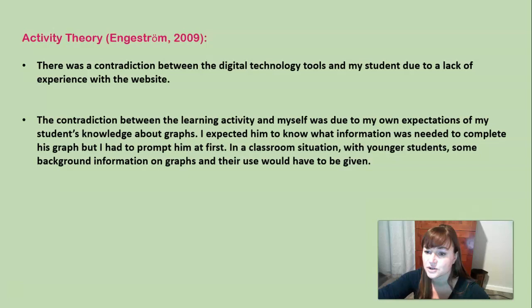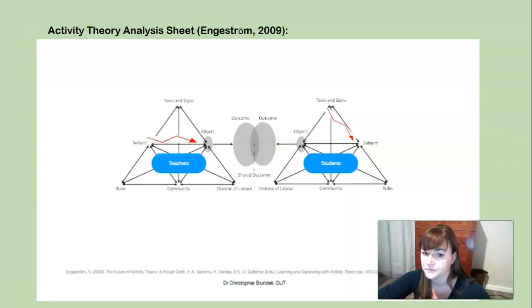I expected him to know what information was needed to complete his graph, but I had to prompt him at first. In a classroom situation with younger students, some background information on graphs and their use would have to be given. Here is the contradiction between myself and the learning objective and my student and the digital technology tools.